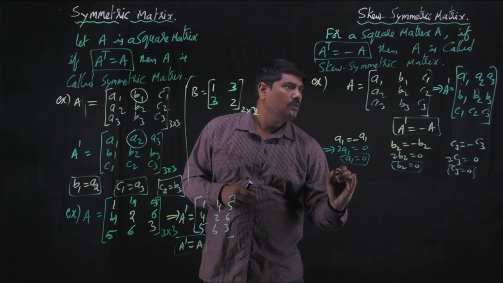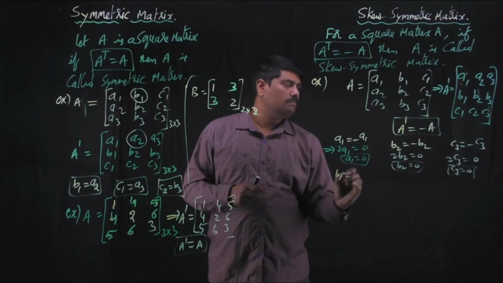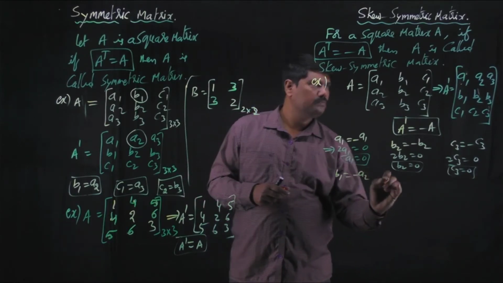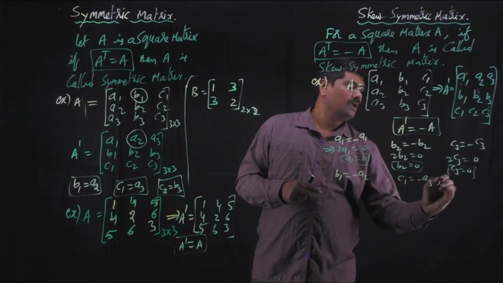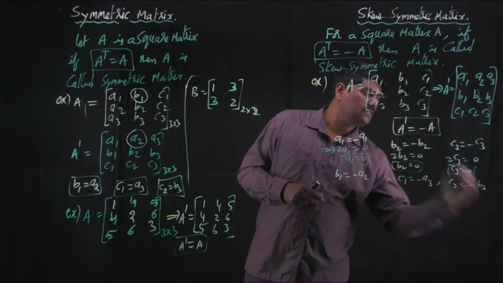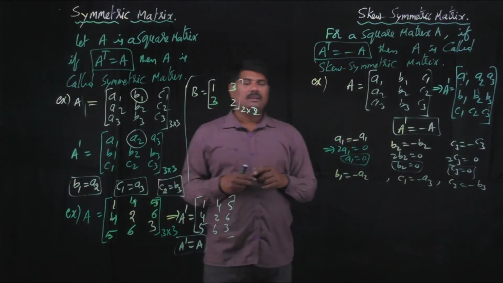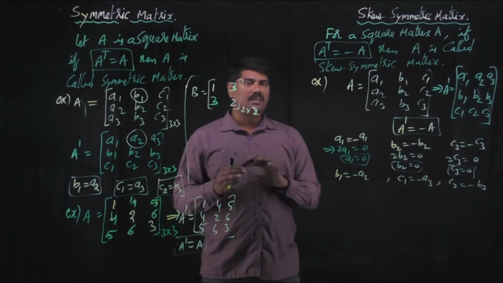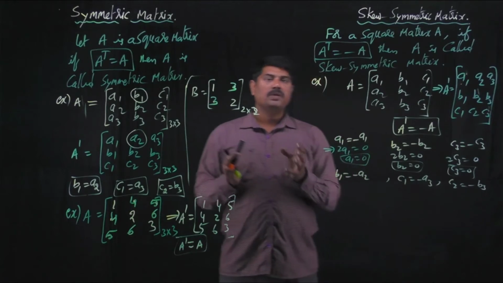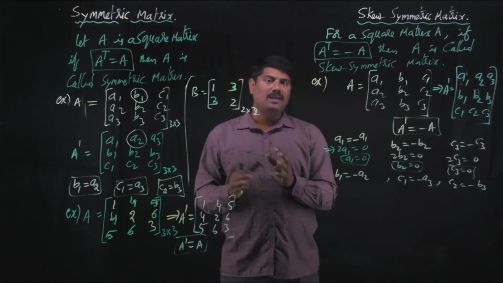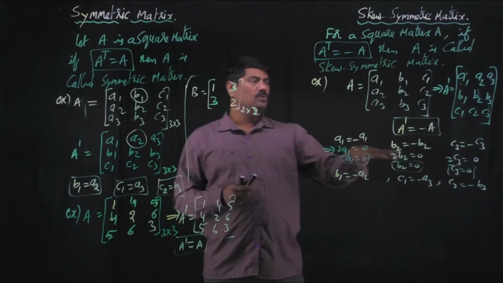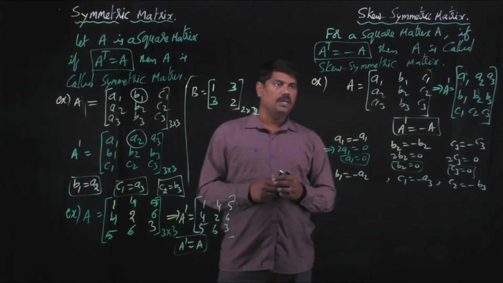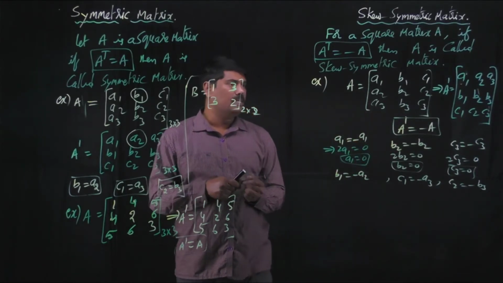So B1 is equal to minus A2, C1 is equal to minus A3, and C2 is equal to minus B3. For the elements in reverse positions, you have to consider them numerically equal but with opposite signs. So this is how you can construct a 3 by 3 skew symmetric matrix.